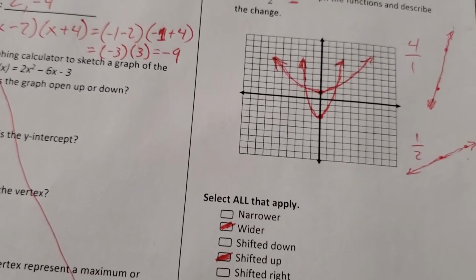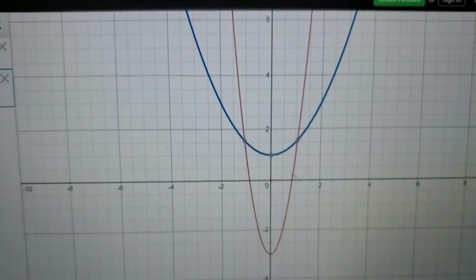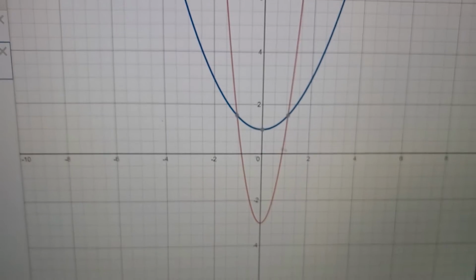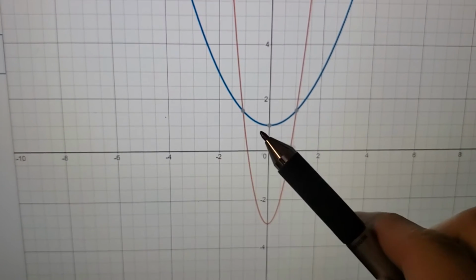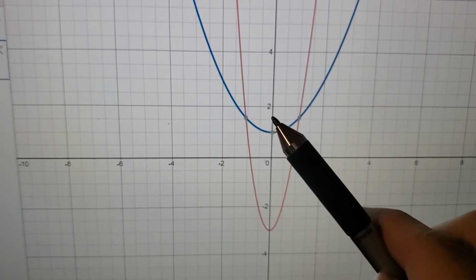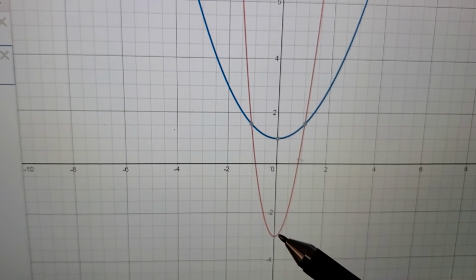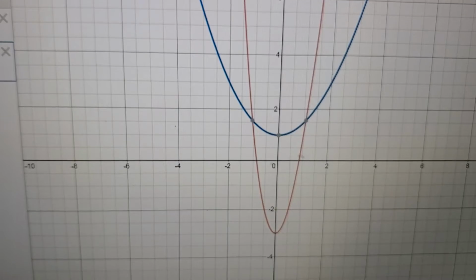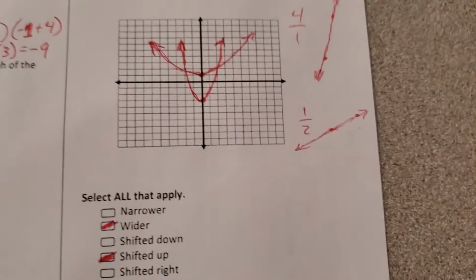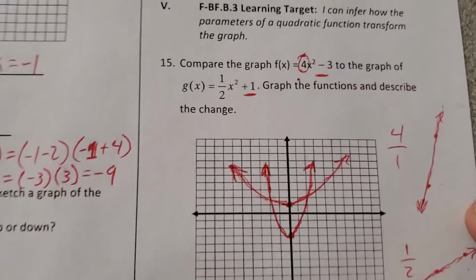And in Desmos, you can see pretty much that. If you take a look at how the graphs look in Desmos, this is how they look. Notice it shifted 1 unit up, and the red one went 3 units down. So that's pretty much how it works here.